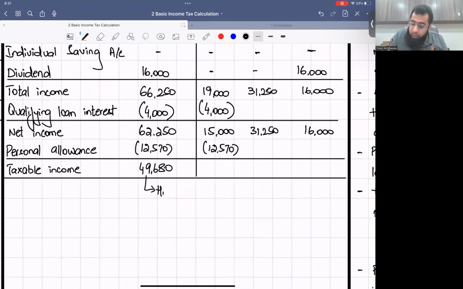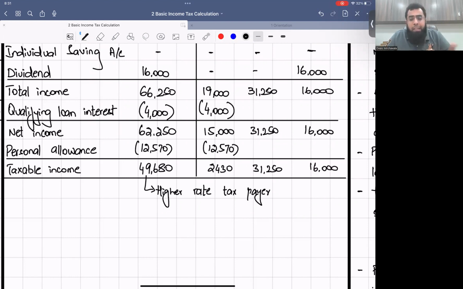We are a higher rate taxpayer. So saving income 0% band will be of £500. 15,000 minus 12,570. So it's 2,430. Here it's 31,250. And this is 16,000. So some very basic level working, nothing new we have done here.